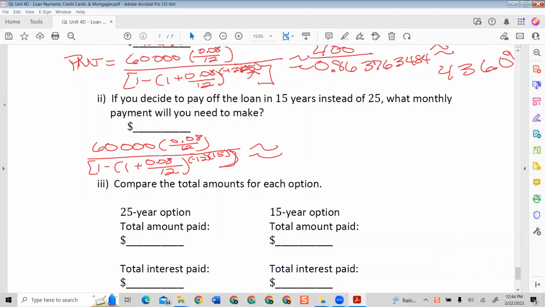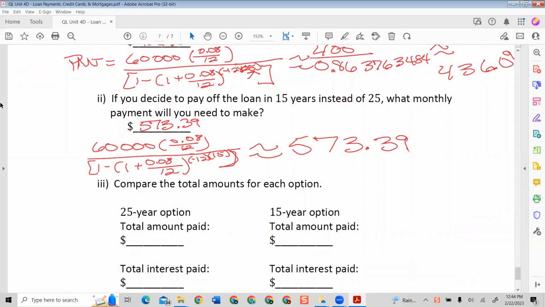I'm going to type it all in at once. We need to double check. And it says in order to pay it off early, we need to pay $573.39. And this is if and only if the interest is just not drawn at a crazy rate.